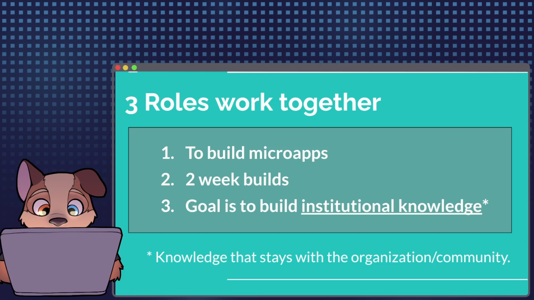It's really important that the projects developed under a Carolina Core can be done in 2 weeks, because if it's not going to work, you want to know it's not going to work in 2 weeks. And the goal is not necessarily to push out software as much as it is to build institutional knowledge, knowledge that stays with the organization or inside the community of how to maintain your own software, maintain your own applications, and build from there.